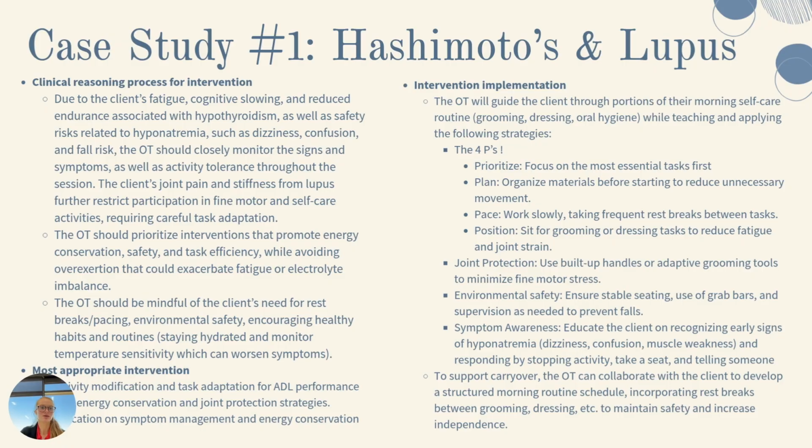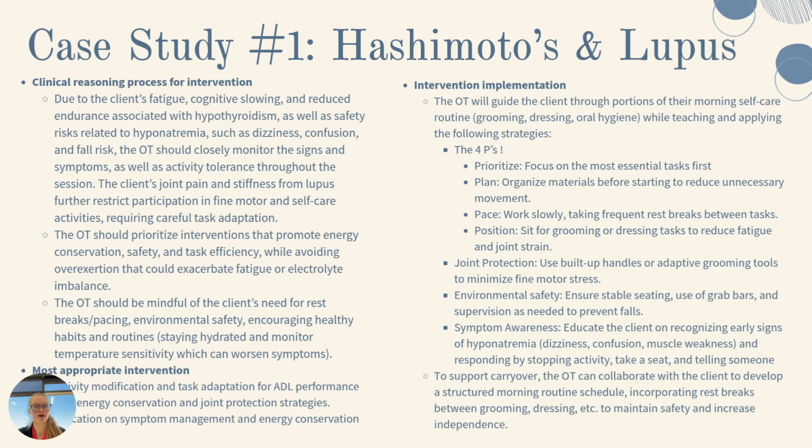So the clinical reasoning process for the intervention that I thought was best for this patient was due to the client's fatigue, the slowed cognition, and reduced endurance associated with the hypothyroidism, as well as safety risk related to hyponatremia, such as dizziness, confusion, and fall risk. The OT should closely monitor the signs and symptoms as well as activity tolerance throughout the session. The client's joint pain and stiffness from lupus further restrict participation in fine motor and self-care activities, which requires task adaptation.